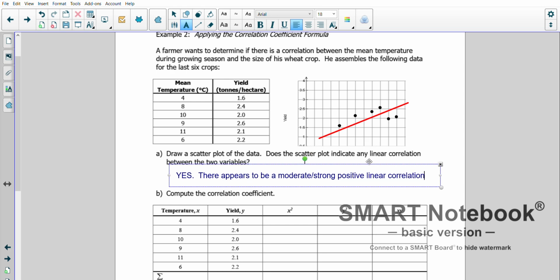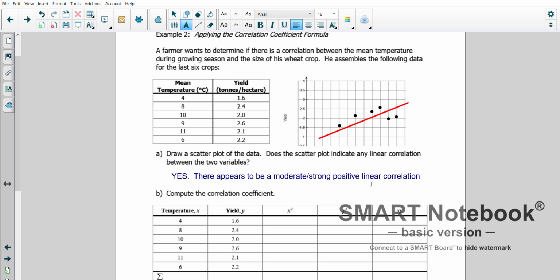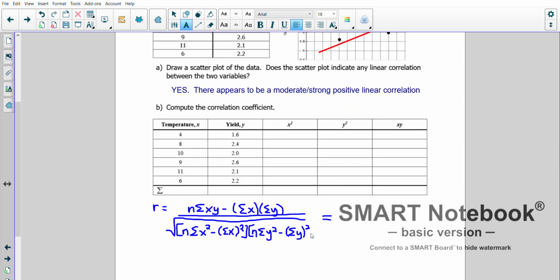Alright, so now we're going to try to verify this. So we're going to fill in all our values here. So you would need a little table like this. Alright, here we go. So get my pen ready. So I'm going to take each x value and square it.